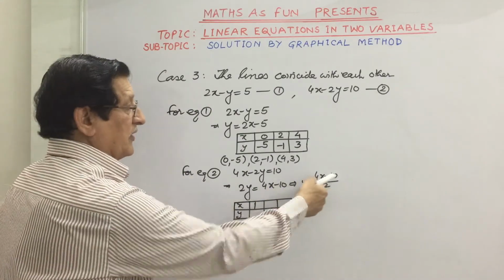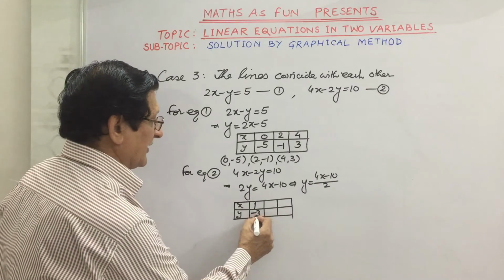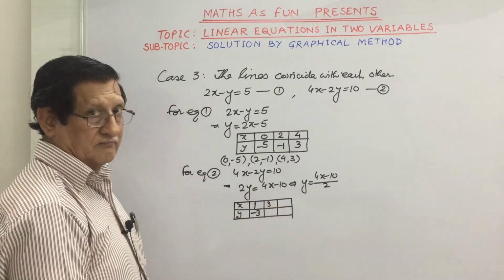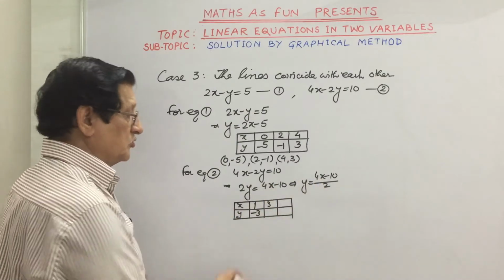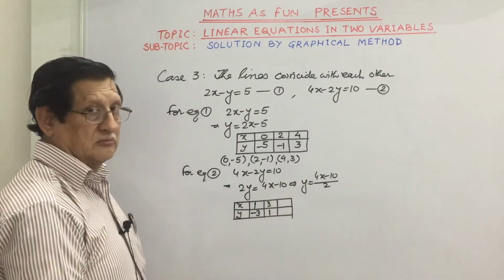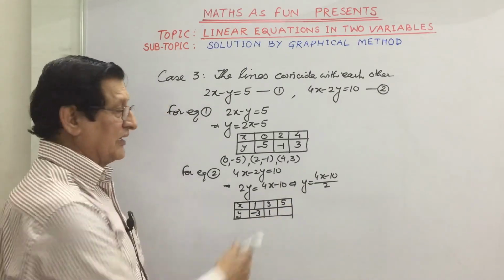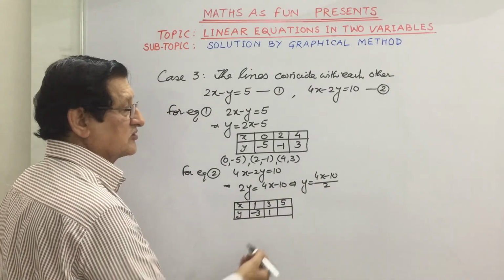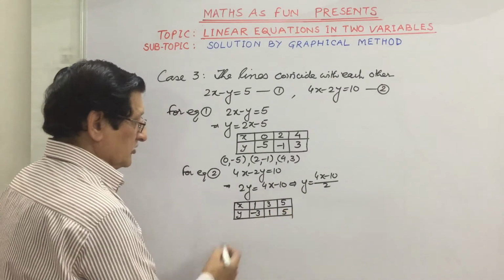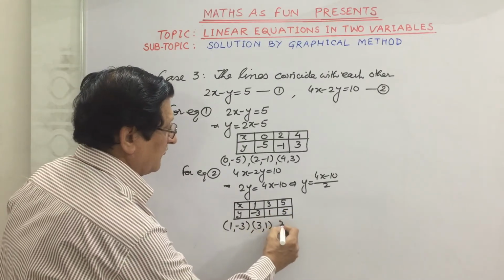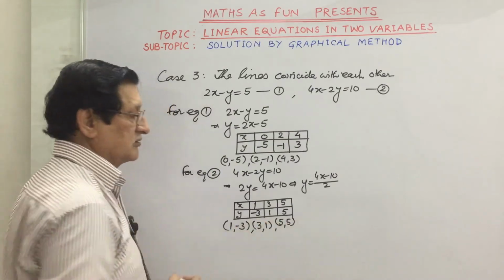So this will be 4 minus 10, minus 6 by 2, is minus 3. Suppose we take x as 3. 12 minus 10 is 2, and 2 upon 2 is 1. And suppose we go with x as 5. Then it comes as 20 minus 10, that is 10 by 2, is 5. So we get the points (1, -3), (3, 1) and (5, 5). These are the points on this line.